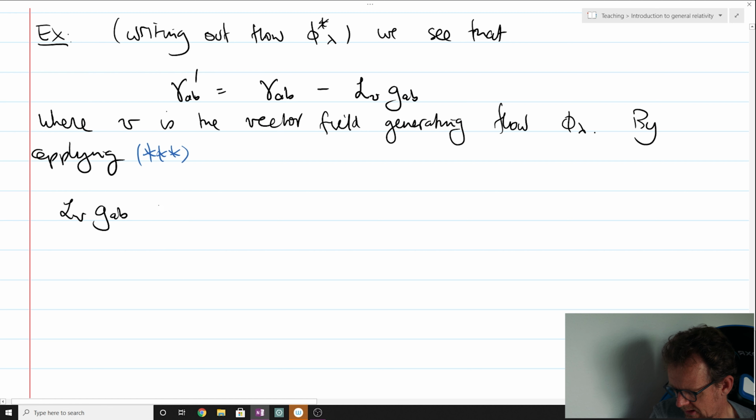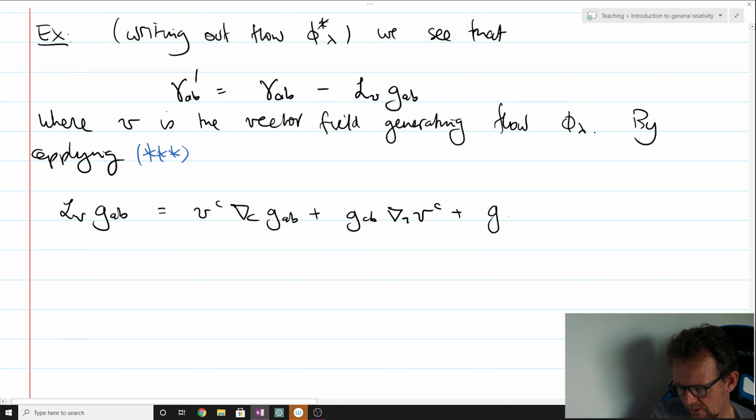And we get V^c ∇_c g_ab plus g_cb ∇_a V^c plus, of course, the action of the Lie derivative of the covariant derivative on the vector field itself.